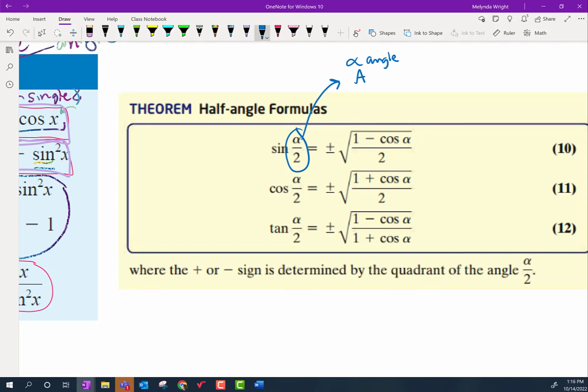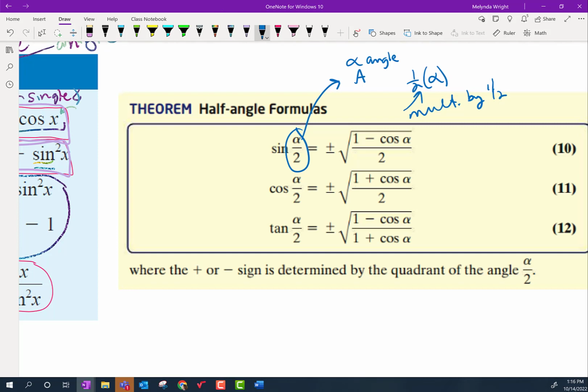And so what does it mean to be a half angle formula? It means that you've taken the angle and you've multiplied it by a half. So it's 1/2 times the angle. So instead of a full angle or a double angle, it's a half angle because we're taking the angle and multiplying it by a half.